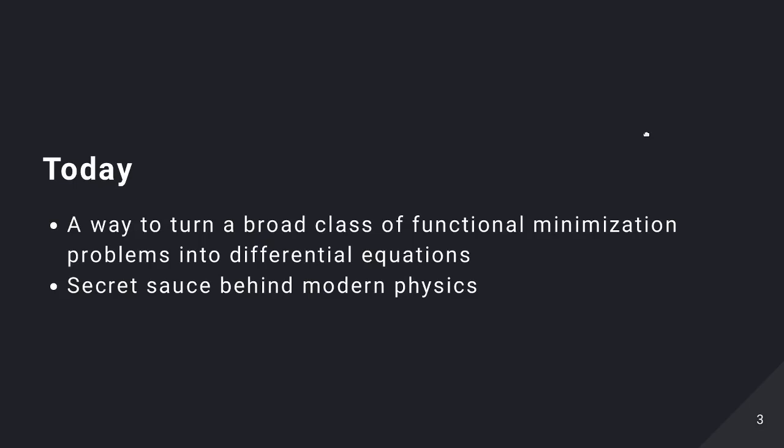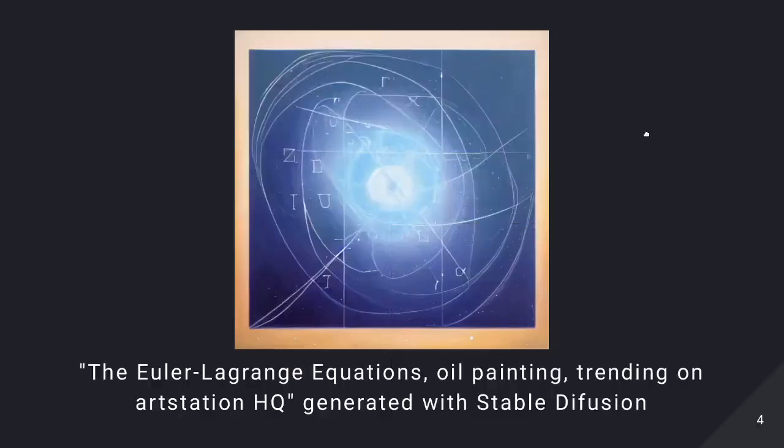And really, this approach is the secret sauce behind modern physics. Pretty much all of modern physics can be restated into this framework, and actually is. So I'll be going more into the physics side today to provide evidence as to why this approach is very nice.